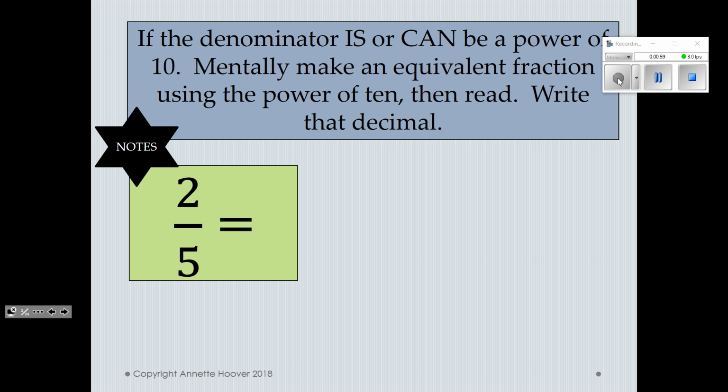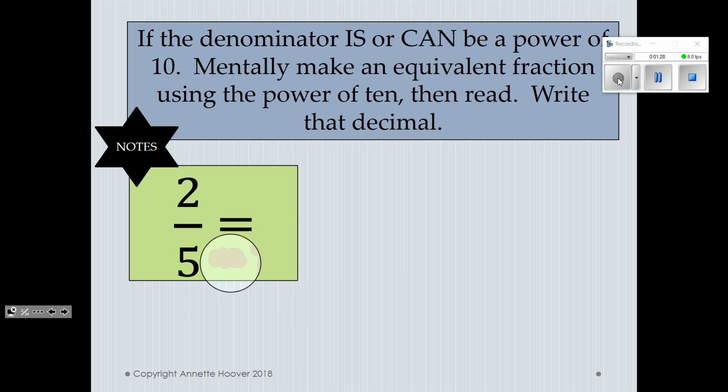So when you look at a denominator, if it can easily mentally be converted into tenths, hundredths, or thousandths, we can do this mentally. For example, here with 2/5, I know with 5 that tenths is the first decimal place we want to go to, and I know that 5 times 2 equals 10, so I can mentally go 2 times 2 is 4, so I know that is 4/10.